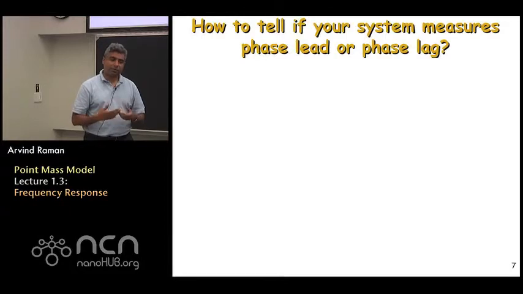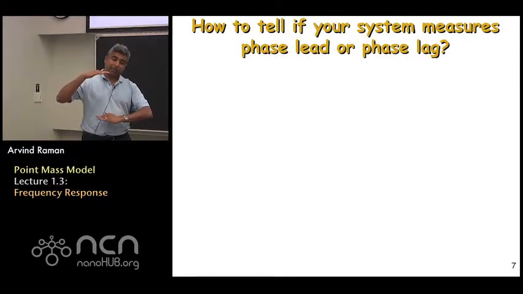Another thing is, if you're using somewhat old AFM systems, sometimes they don't even plot the phase in terms of degrees or radians. It's in terms of millivolts. So how would you convert that into degrees or radians? You get to that by realizing that when you do this tuning curve, whether you do phase lead or phase lag, the range of phase change from nearly zero frequency to above resonance is 180 degrees.